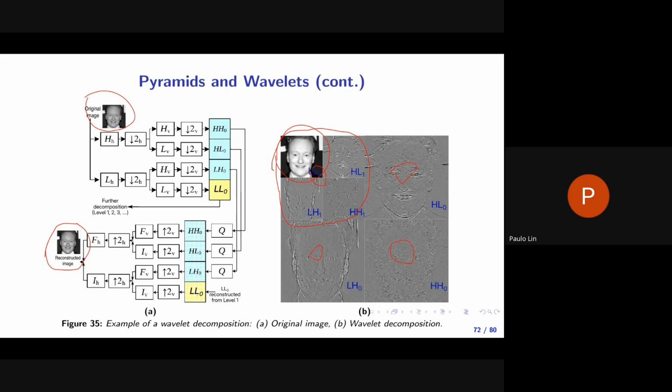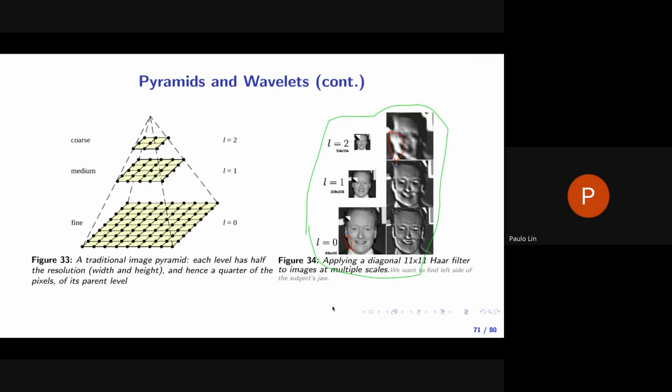Which means that if the original image is h times w, the decomposition map is also going to be h times w. So we can see that performing wavelet decomposition actually keeps the original size of the image. But if we use pyramids, we require more pixels than the original one.